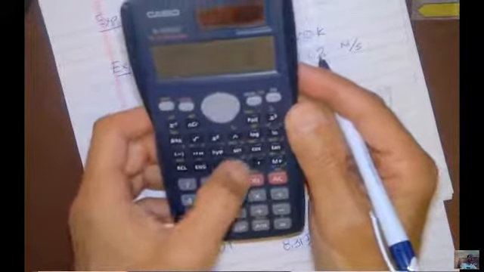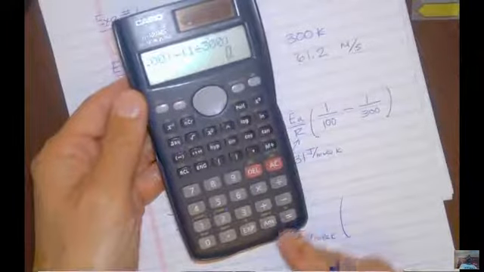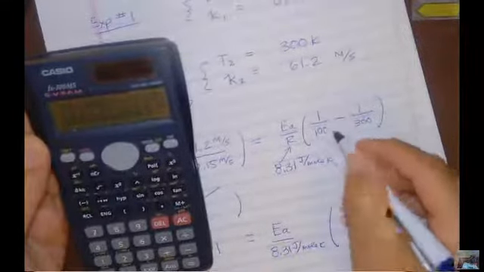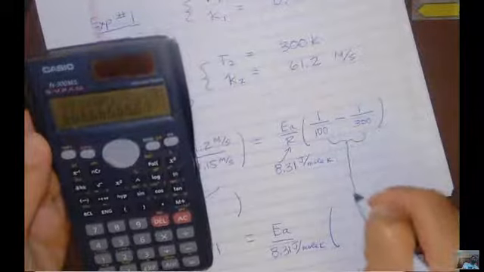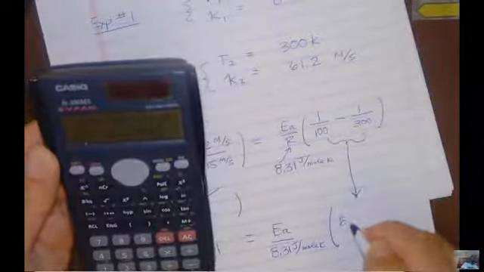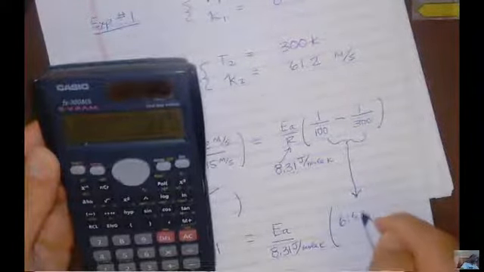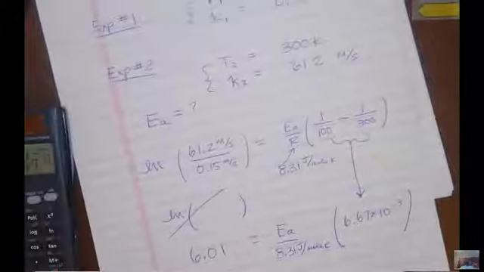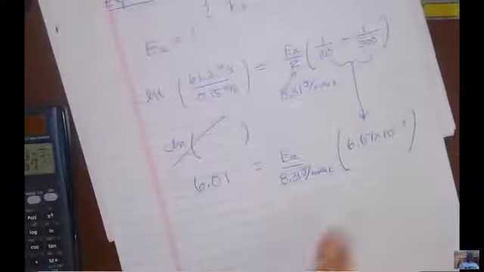You can do it all separately if you want, but that's kind of nice. I get everything inside these brackets comes out to 6.67 times 10 to the minus 3. All right, last step.